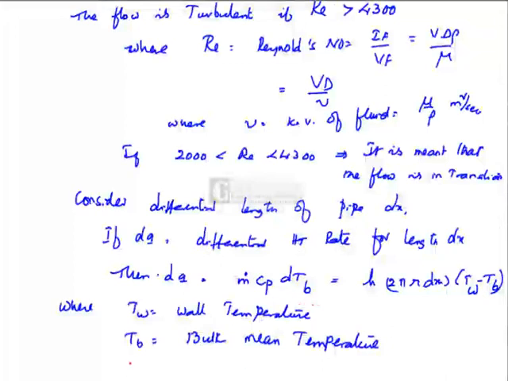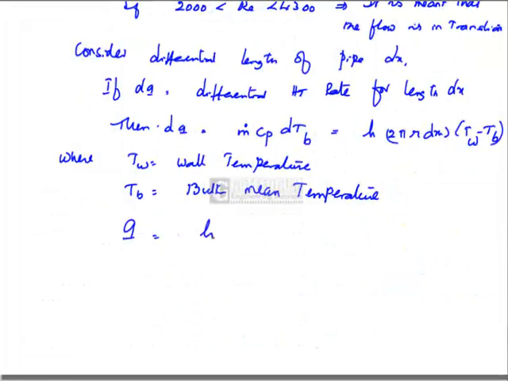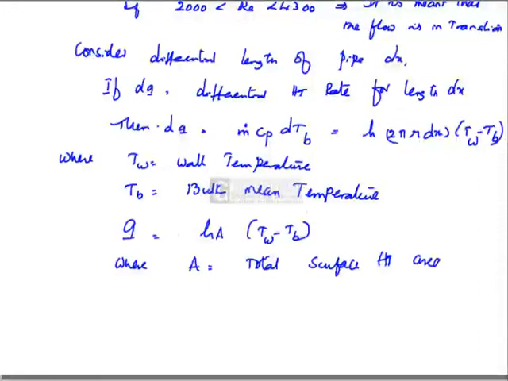If you integrate both sides, we get Q is equal to HA Tw minus Tb, where A is the total surface heat transfer area.